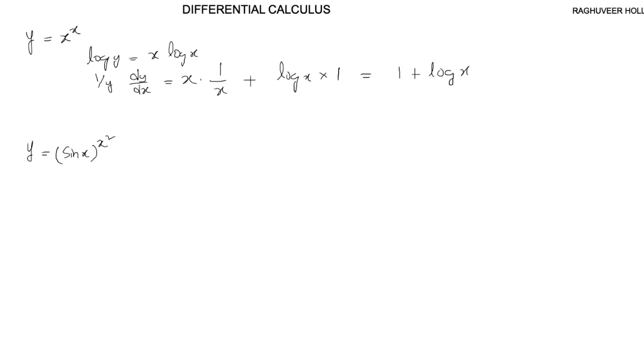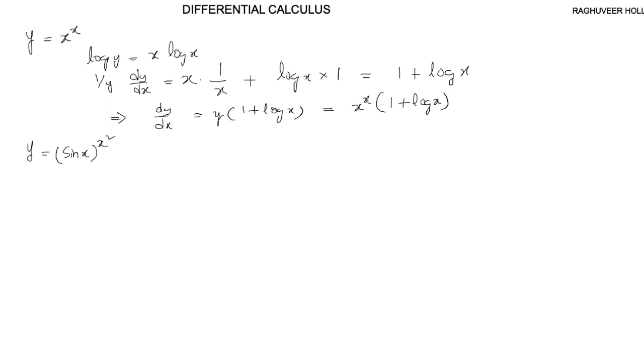Okay, and this implies dy by dx is equal to y into 1 plus log x, which is equal to x to the power of x 1 plus log x, right?